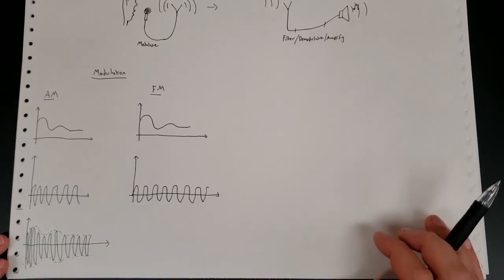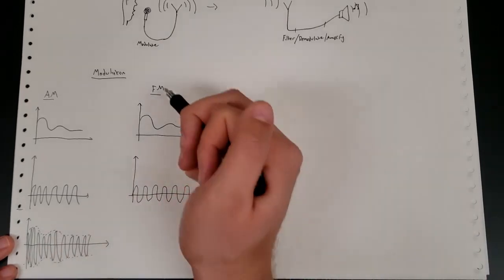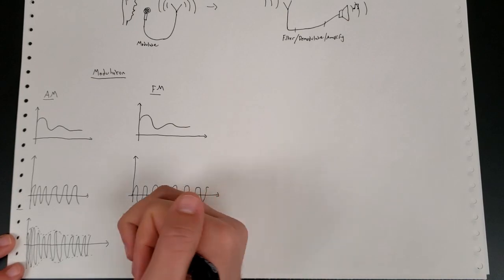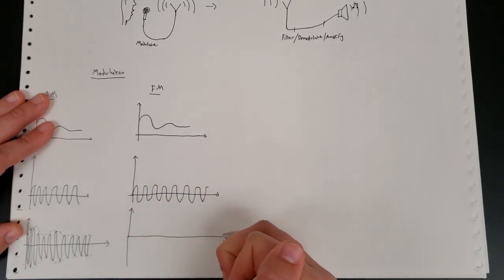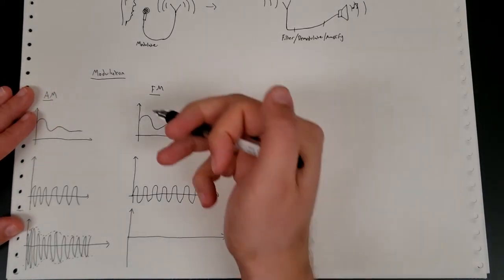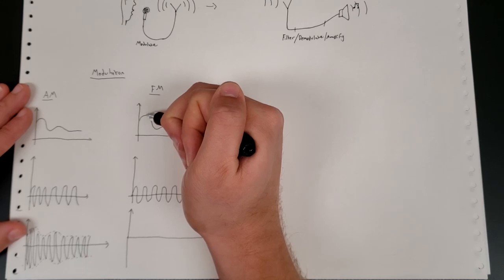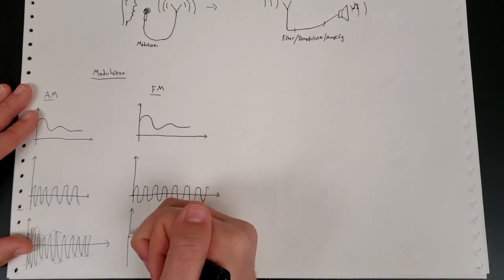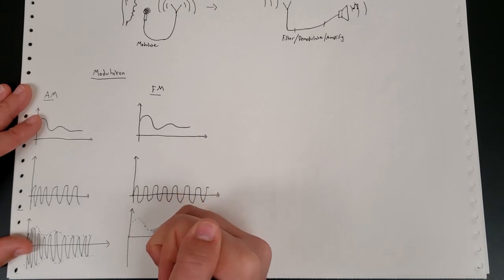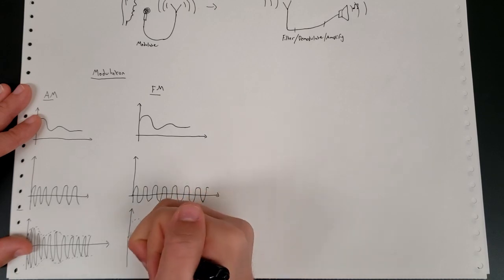Now for FM, instead of modulating the amplitude, it's going to modulate the frequency. So this transmitted wave now will have the same amplitude. But wherever our signal has a high intensity or a high voltage, we're going to have a high frequency. So if we draw in our signal, something like this, wherever these peaks are high, we'll have a high frequency.